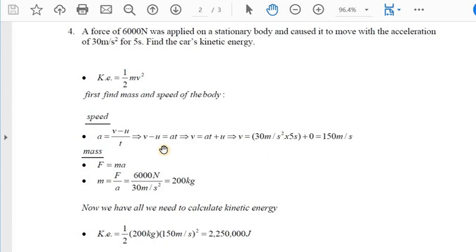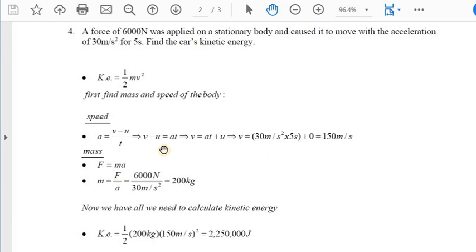Final velocity minus initial velocity over time, right? Therefore, v minus u is equal to at. You get back to the point where v is equal to at plus u, acceleration times time plus initial velocity. And you substitute and you calculate and you do all the stuff that needs to be done, right?